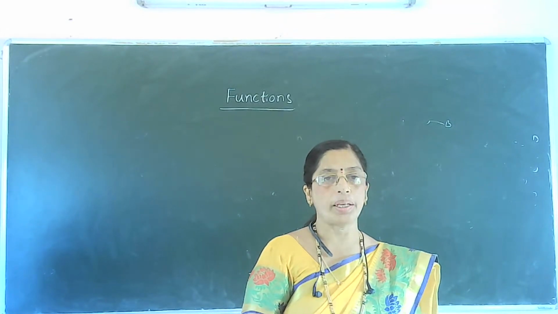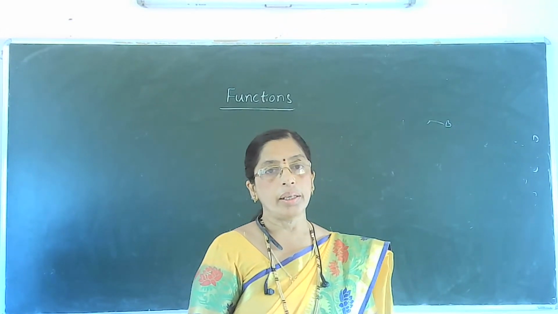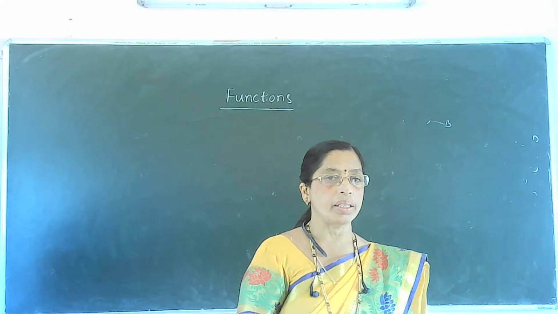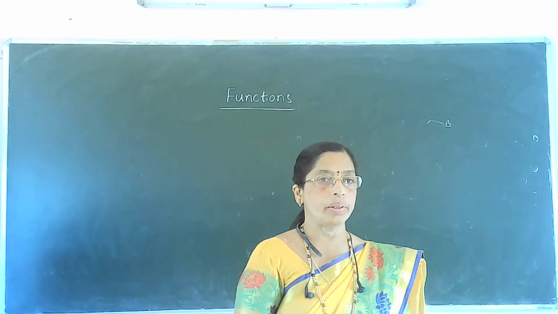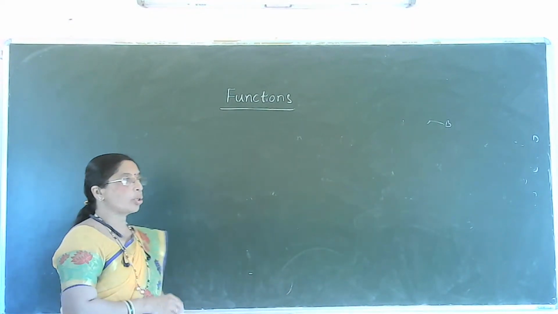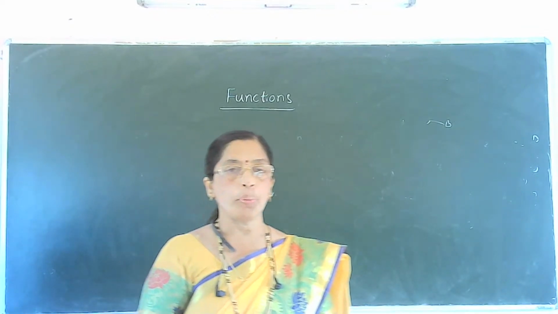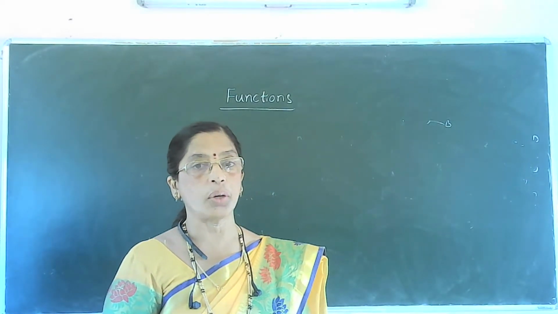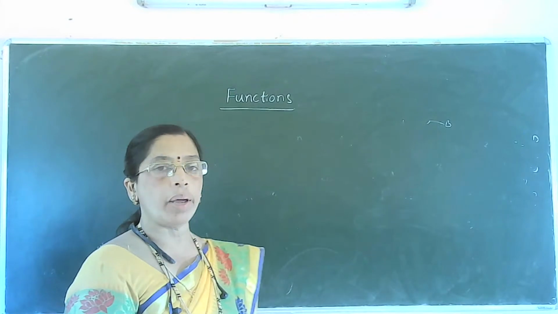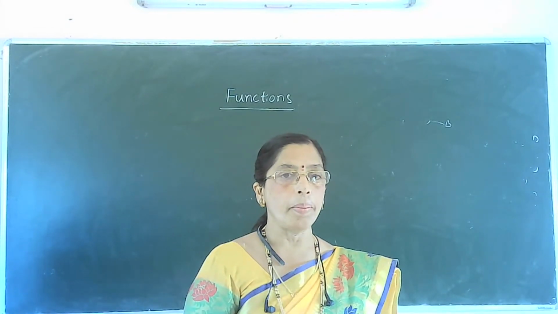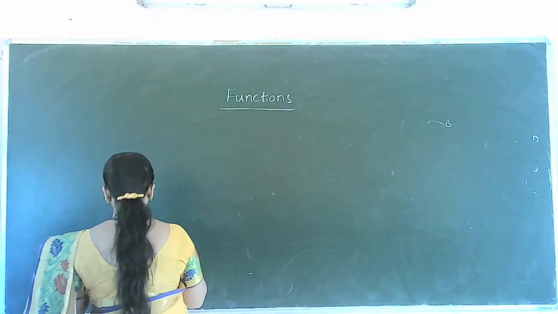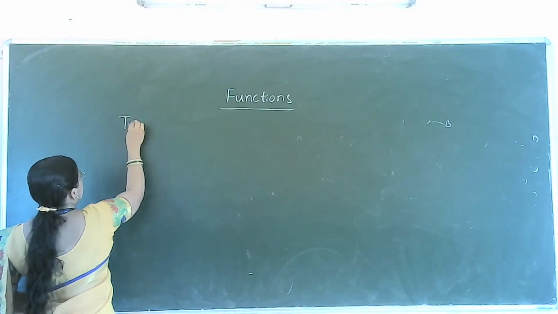Another one is bijective function. A bijective function is both one-to-one and onto. One-to-one function is also called injective function. Onto function is also called surjective function. If a function is injective and surjective, then it's called bijective function. First we will learn what is one-to-one function.